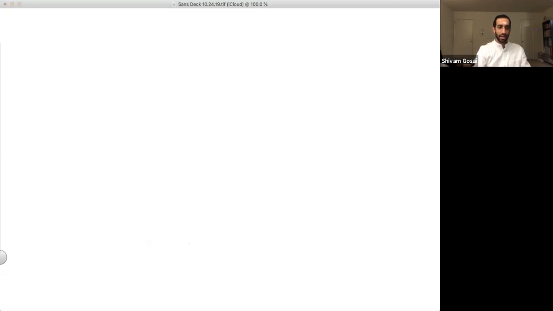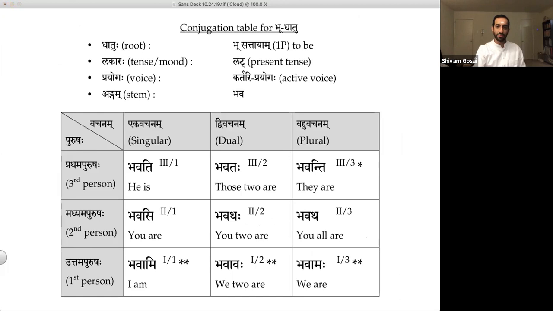Let's bring up a new verb. Okay, so if you look in your textbook, on page 32 of your white book, there's a whole list of dhatus and angas.